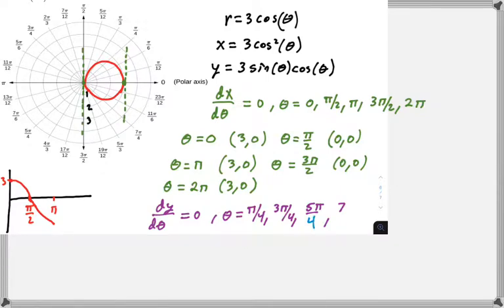Now when theta is equal to pi over 4, you're going to have root 2 over 2 squared, which is just going to be 1/2, times 3, which is 3 over 2. Root 2 over 2 times root 2 over 2 is going to be 1/2 times 3, which is 3 over 2. So we have a horizontal tangent at (3/2, 3/2).